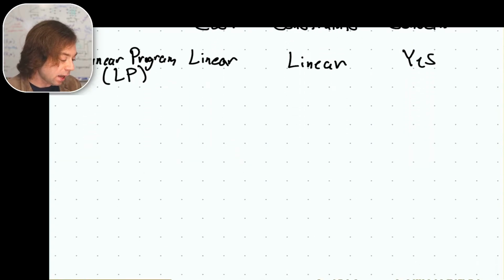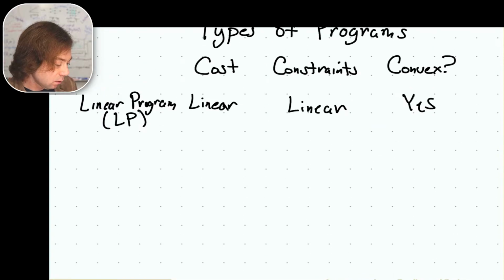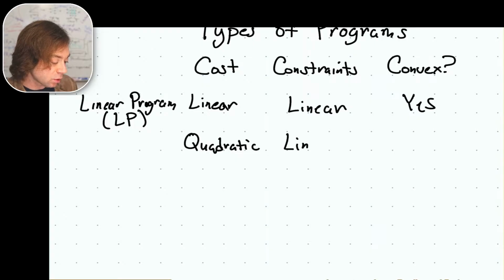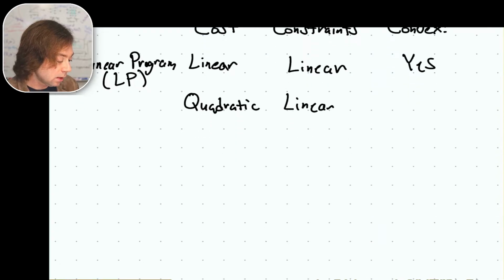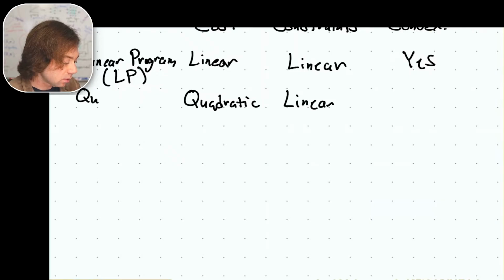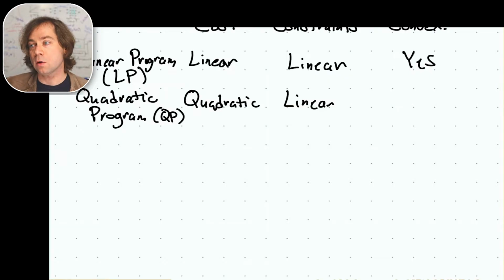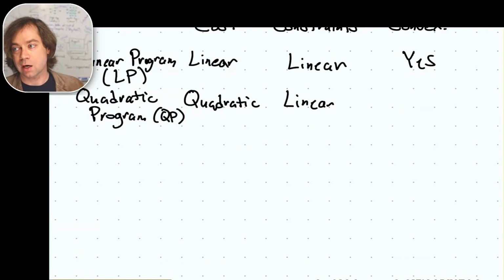All right. Then if you have a quadratic cost and you have linear constraints, that's what a quadratic program is. Or a QP. QPs are awesome. I use them all the time in modern control. They're incredible.